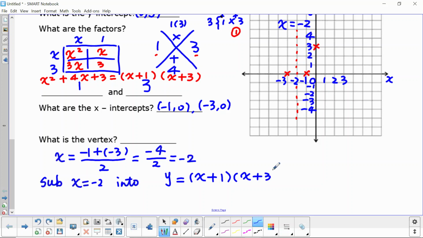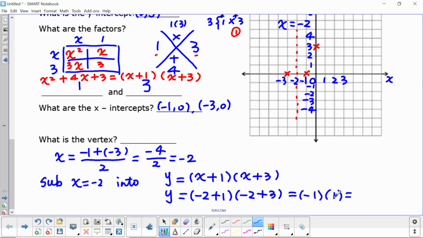So y equals, substitute -2 to x, so -2 plus 1, then -2 plus 3. Do the BIDMAS, do the operation in the bracket first. -2 plus 1 gives you -1. -2 plus 3 gives you +1.